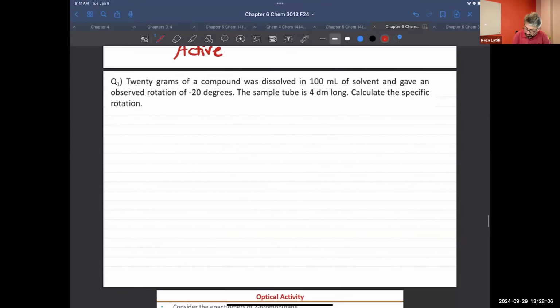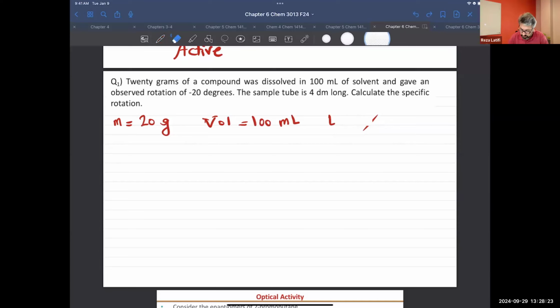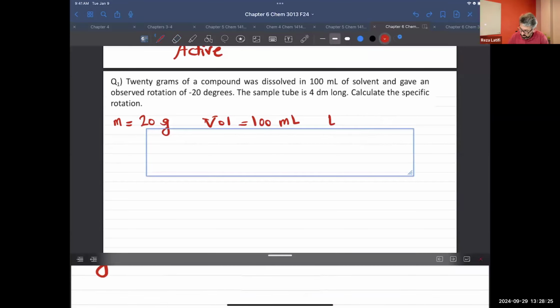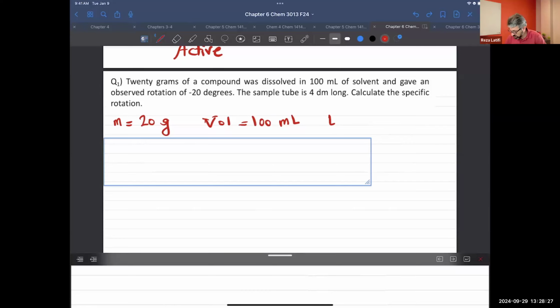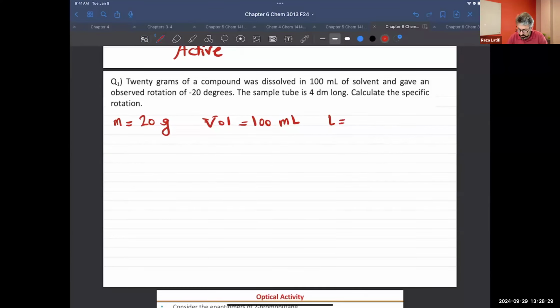Okay, so let's practice some sample questions. In this case, we have mass equal to 20 gram, volume equal to 100 milliliter, and the length equal to 4 decimeter.